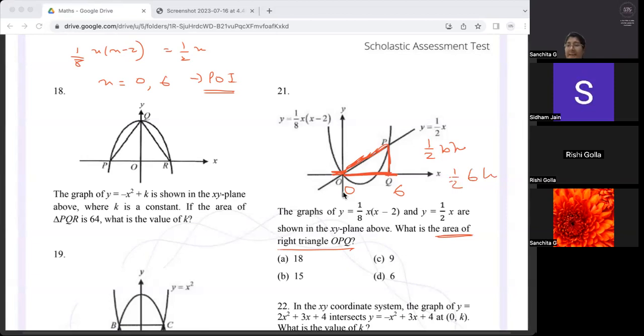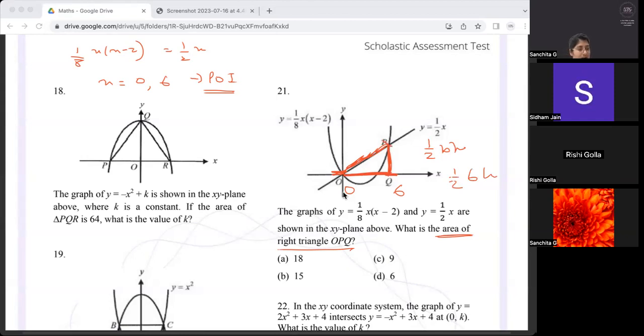I still don't know the height. For height, PQ, how will I get it? We will get the y-intercept by putting x equals 0. Whenever I want to find the height, I plug in the x value, which is at 6.